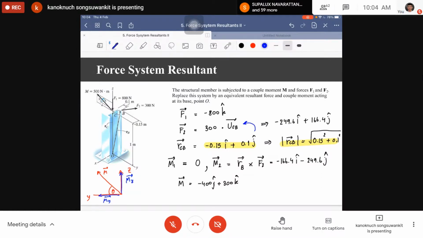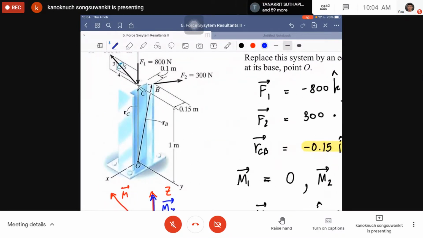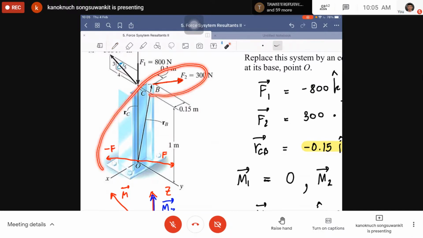Okay, so the step to get the moment M2, we put the equivalent system of force F2 at point O. F and minus F. And these two forces produce a couple.